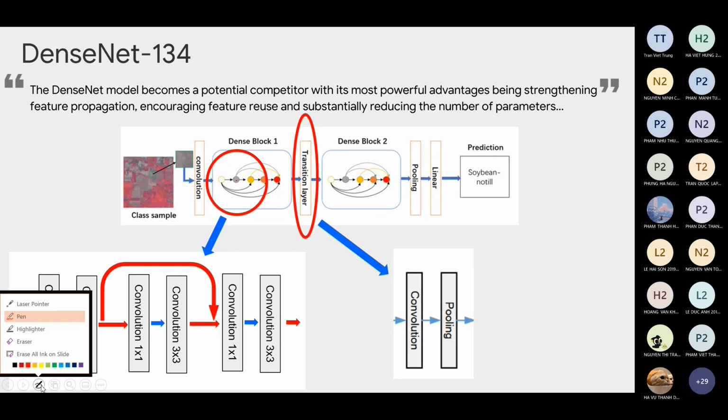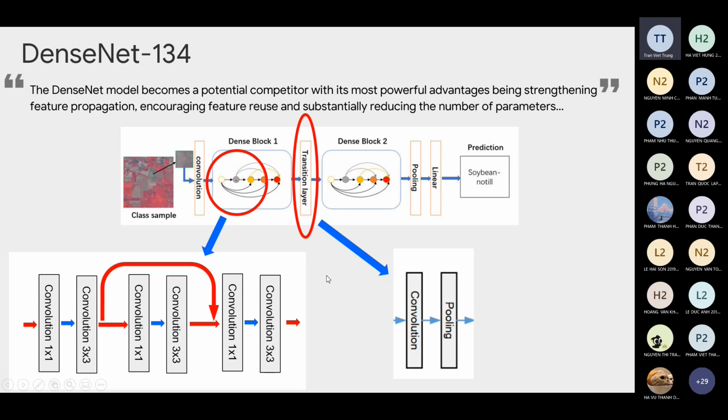Sorry, can you ask again? The connection between the cycle, I mean the small cycle inside the dense block. This one here. Yes, you have the connection to the yellow, the red, and they all connect to those gray, yellow, and red in the circle. In the bigger version of dense block one, I only see residual connection from convolution 3 to convolution 1. You see?